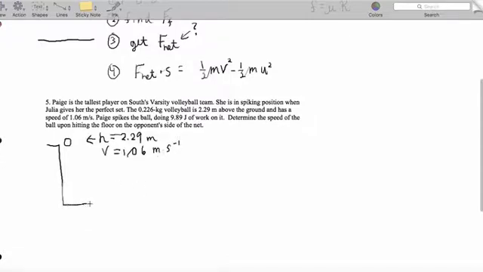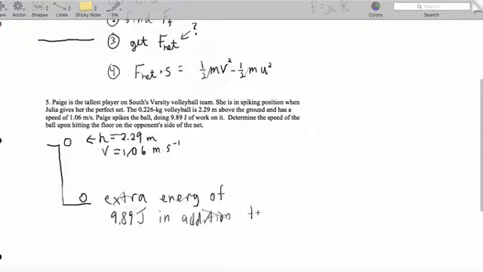And then here's the deal. It hits the ground and it has an extra energy of 9.89 joules in addition to what it started with. So this will be a conservation of energy question, but you'll need to do a little bit more with it.